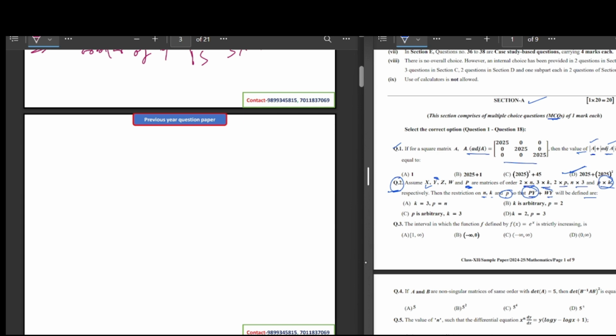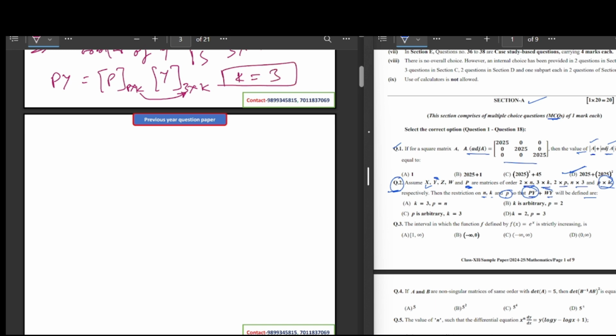If we multiply both matrices, the orders should match. The order of P is P cross K and the order of Y is 3 cross K. So these should be equal, so the value of K will be 3.